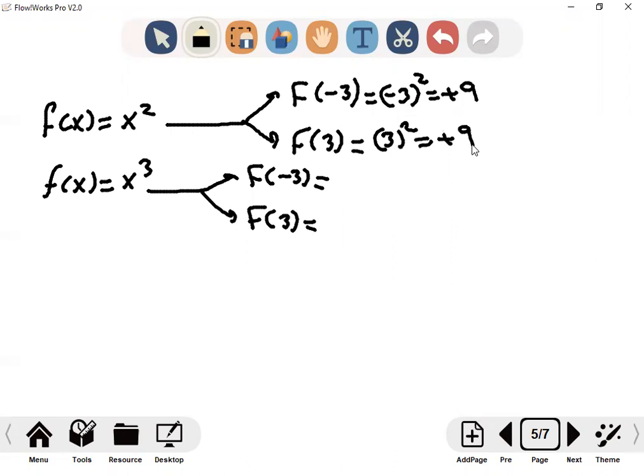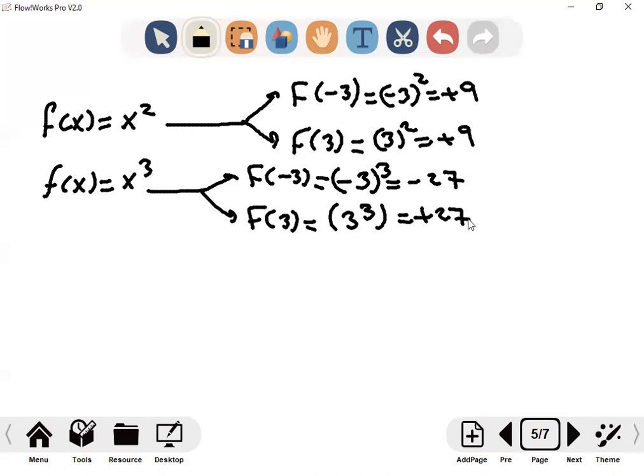So the even power always gives positive. Odd power: negative 3 power 3 is negative 27, negative 3 times negative 3 times negative 3, three times. The first two give positive 9, right? Multiply by negative 3, it turns to negative 27. Got it? But here, f of 3 is positive, 3 power 3 is positive 27.